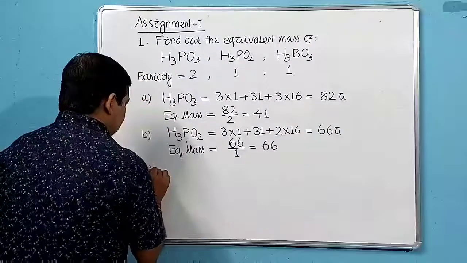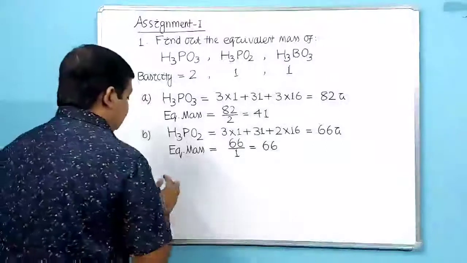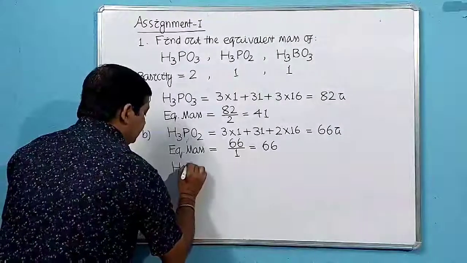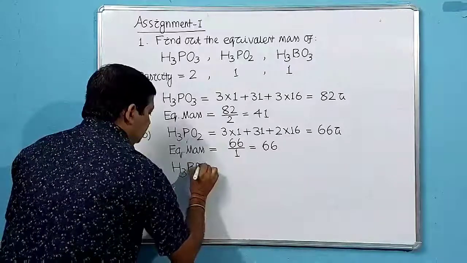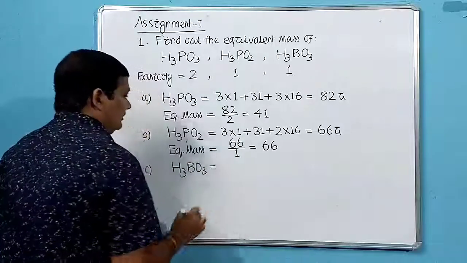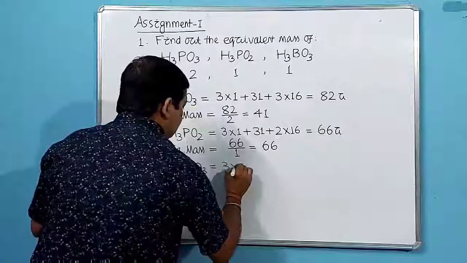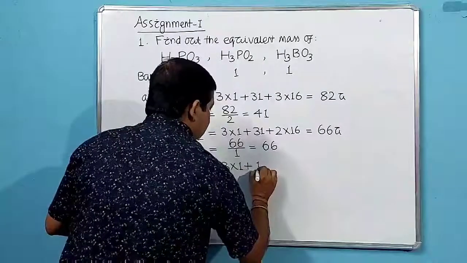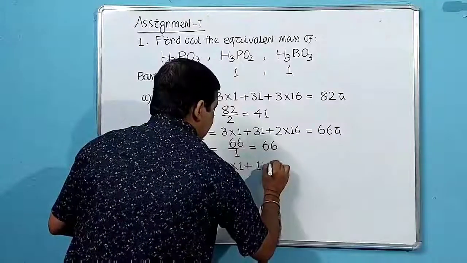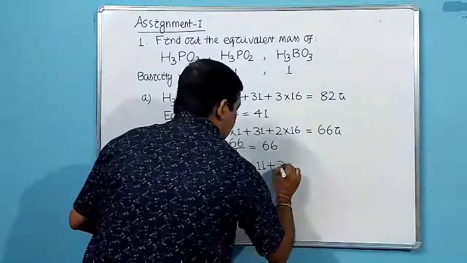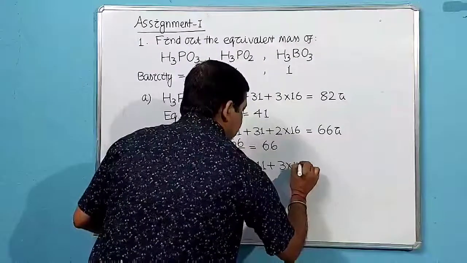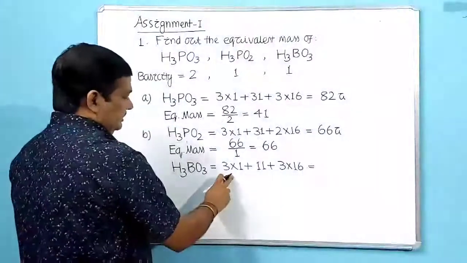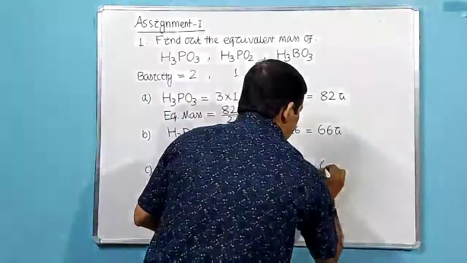Then C, orthoboric acid, H3BO3. Let us first find the molecular mass. 3 into 1 for hydrogen, then boron is 11, plus 3 into oxygen, 16. 48, 59 plus 3, 62.